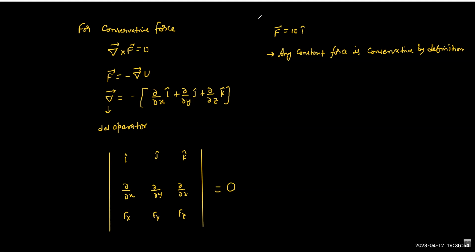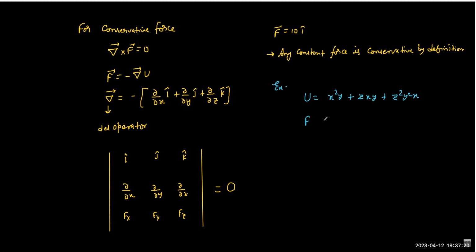So let's do some example. If I give you U equals x square y plus zxy plus z square y square. It's a potential in a three-dimensional space because the dependency is on all the coordinates.